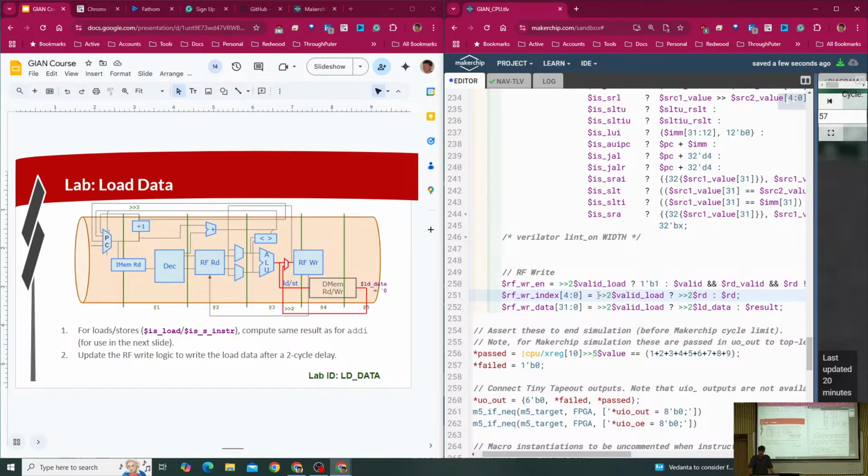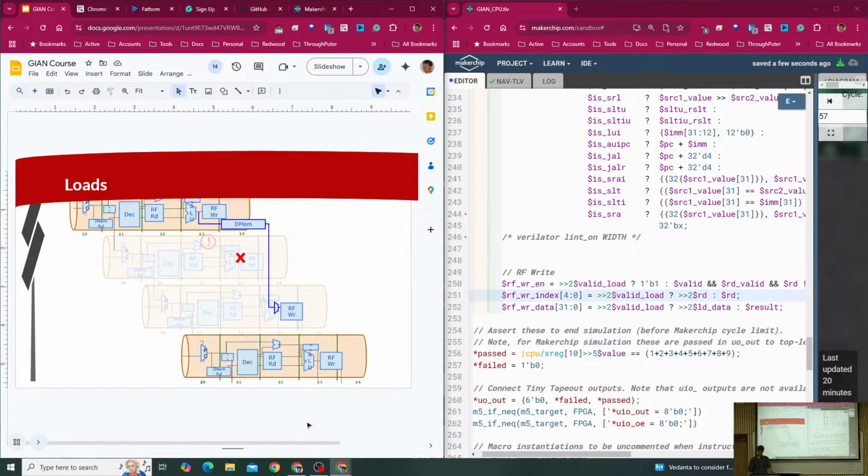Are there any questions about the logic? Yeah. Sure. So let's say during reset, for some random reason, we haven't really thought about what's happening during reset.